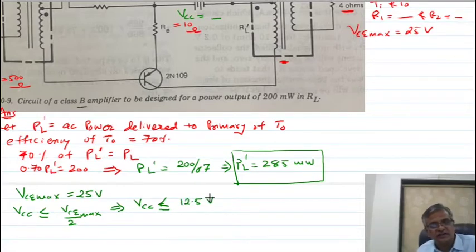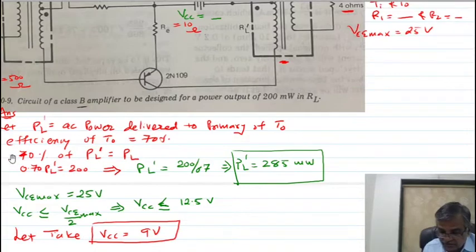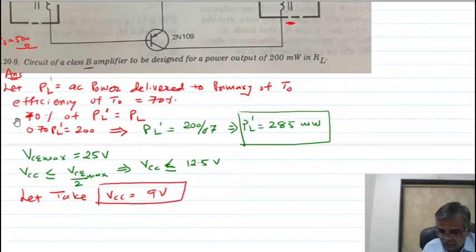You can take 10 volt or 12 volt, but I will take VCC equal to 9 volt. You may ask why 9 volt. In the market a 9 volt battery is available, so you can easily carry your power supply.